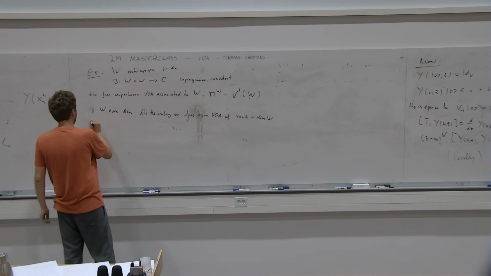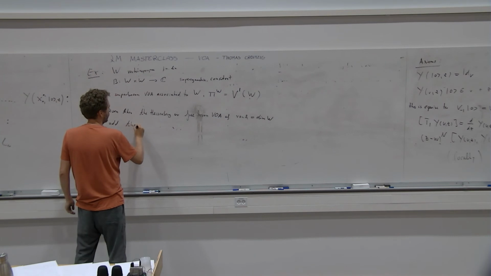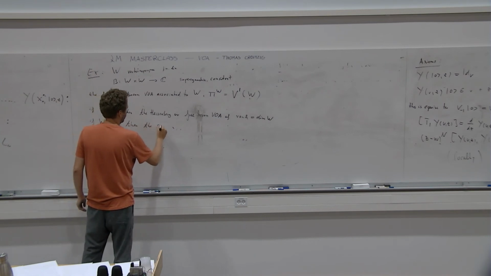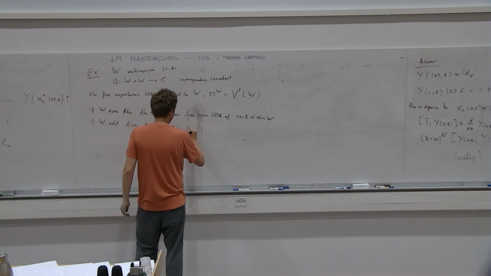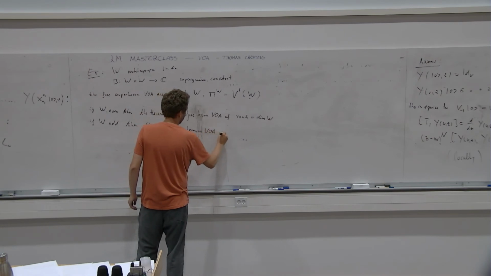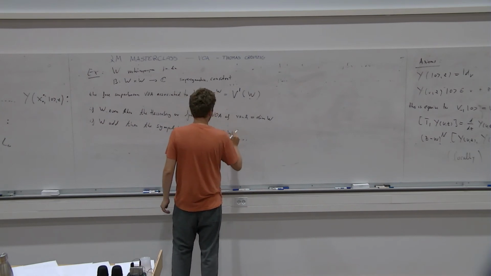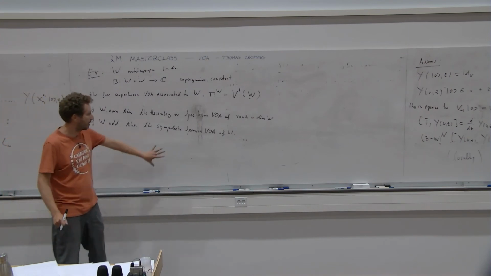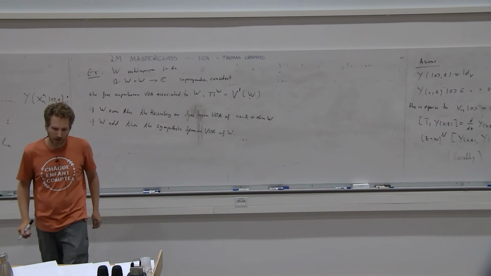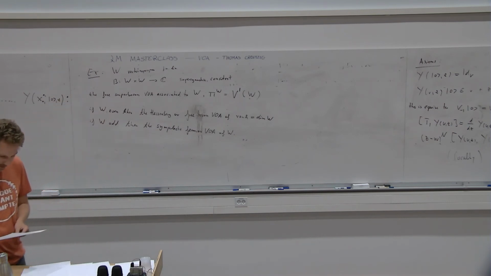And if W is odd, then it's called the symplectic fermions. They are less known, but the symplectic fermions are in fact the simplest example of a logarithmic theory, that means of a vertex algebra with a non-semi-simple representation category.